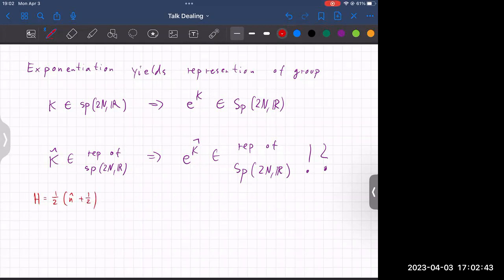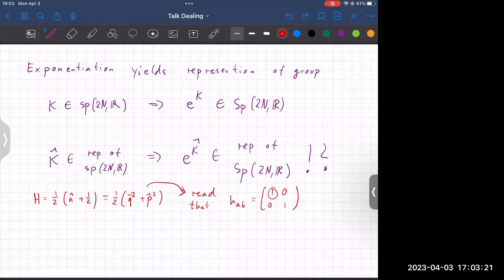The good old harmonic oscillator, which we can also write as 1/2 (q squared plus p squared), from which we can read that HAB will be just equal to the identity matrix. Because if I contract HAB with psi being q and p, this one will give rise to q squared, and this one will give rise to p squared.